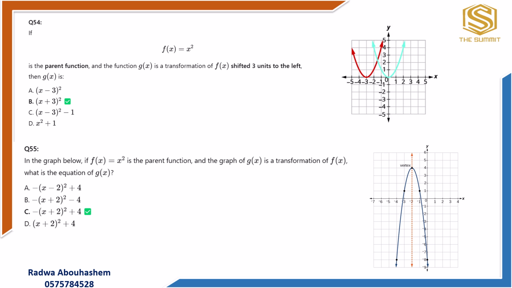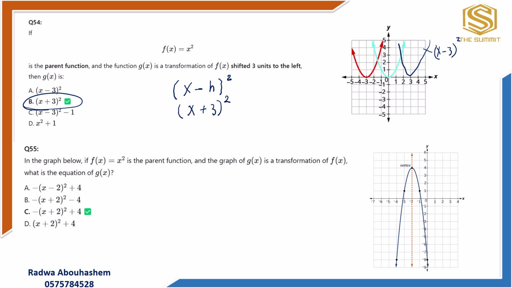So this means I have to say it's (x minus h) all to power 2. What is the h? 3. Because I'm moving to the left, so it would be positive 3. So it's (x plus 3) all to power 2. If I'm moving to right, it would be x minus 3. If I were here, this one would be (x minus 3) all to power 2.